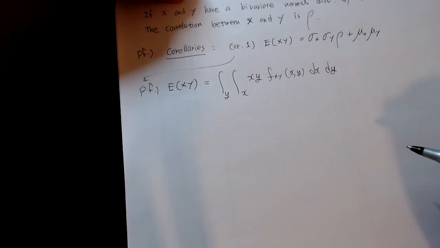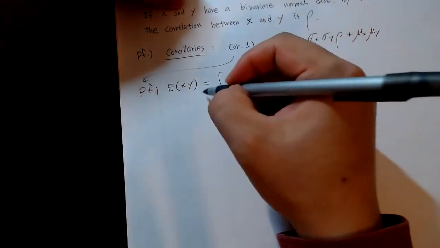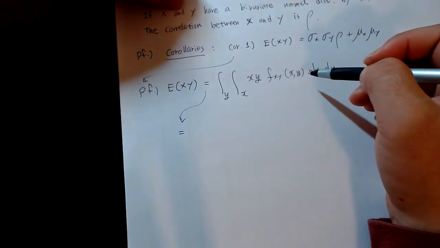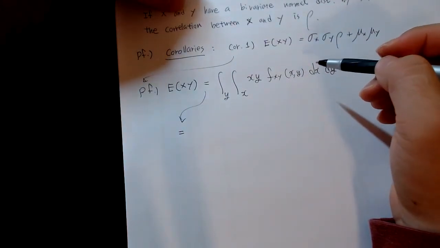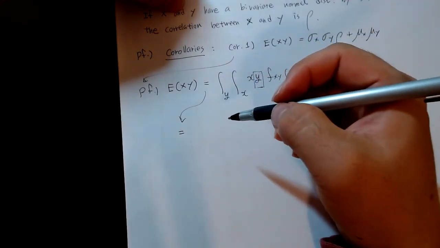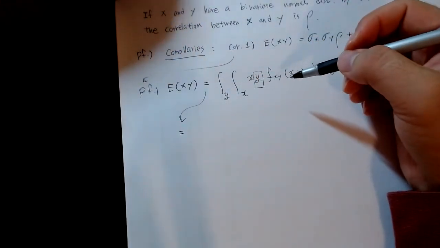Now we could express the integrand like this: y times the marginal PDF of y times the marginal PDF.